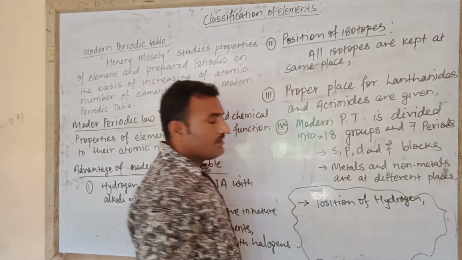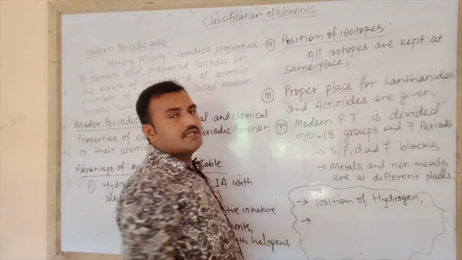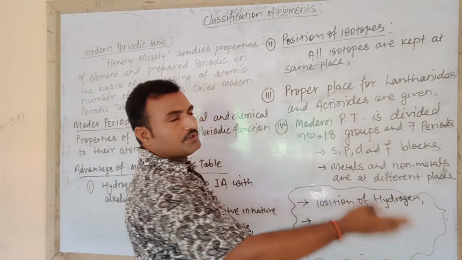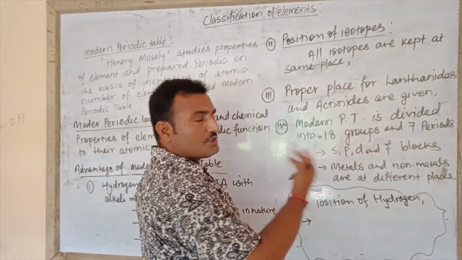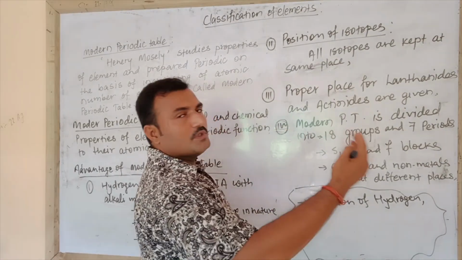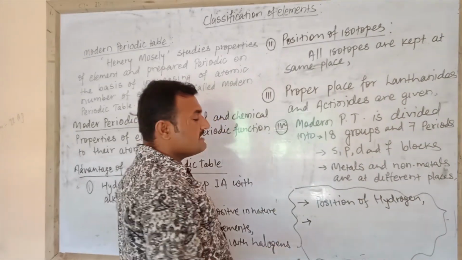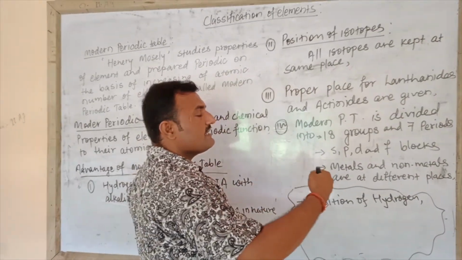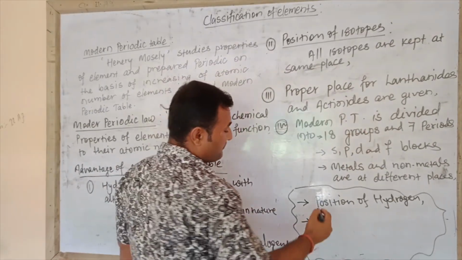Hydrogen is a non-metal but is kept along with metals. It shows properties of both metals and non-metals. Along with hydrogen, it can also be kept with halogens in group 7A, since it shows properties like them.